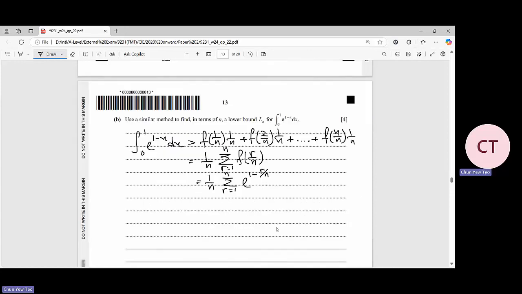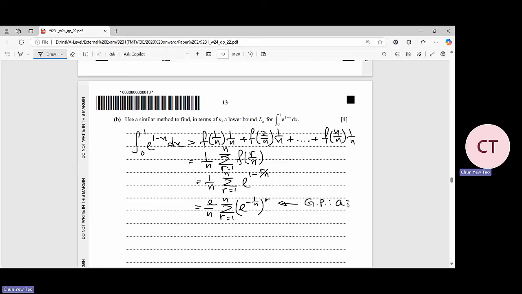The method is almost the same as just now. Factorize the e out, and you will end up with e to the power of negative 1 over n, power r. So this is a GP as well.